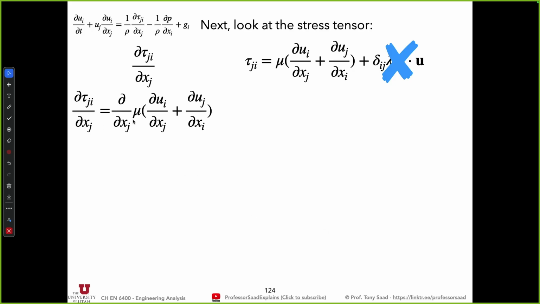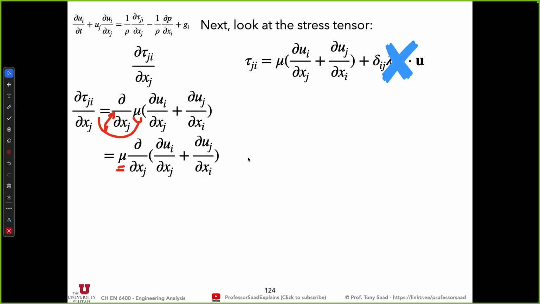This is d/dx_j of tau_ji, mu (du_i/dx_j + du_j/dx_i). Now, if the viscosity is also constant, we can take it out of the derivative. So over here, I took viscosity out of this derivative. And now I have mu d/dx_j of (du_i/dx_j + du_j/dx_i).